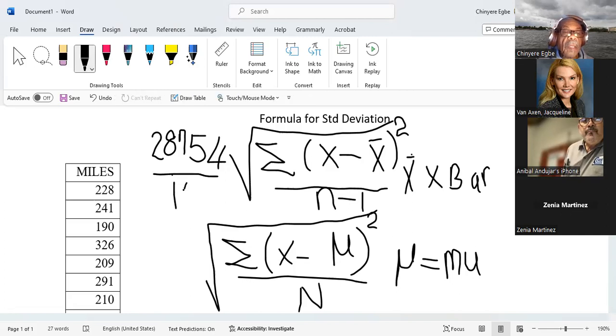I can say over 10 since I'm assuming a sample. And we get the square root of that. And so can somebody give me that number?